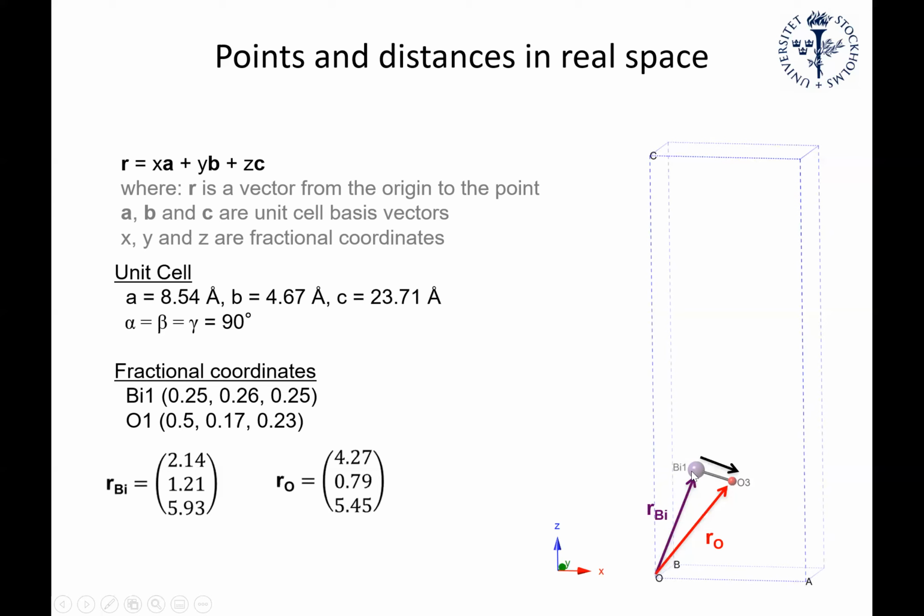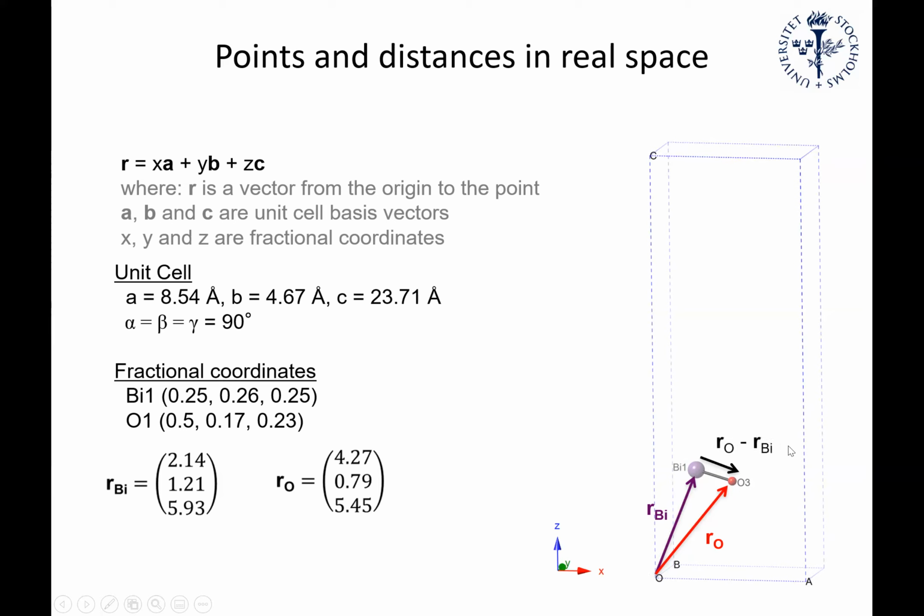Say we start off from bismuth 1. If we go in reverse, so negative R_Bi, then we go from bismuth 1 to the origin. And then if we add this vector R_O, we would end up at this point. So by going minus R_Bi plus R_O, you go from the bismuth to the oxygen.